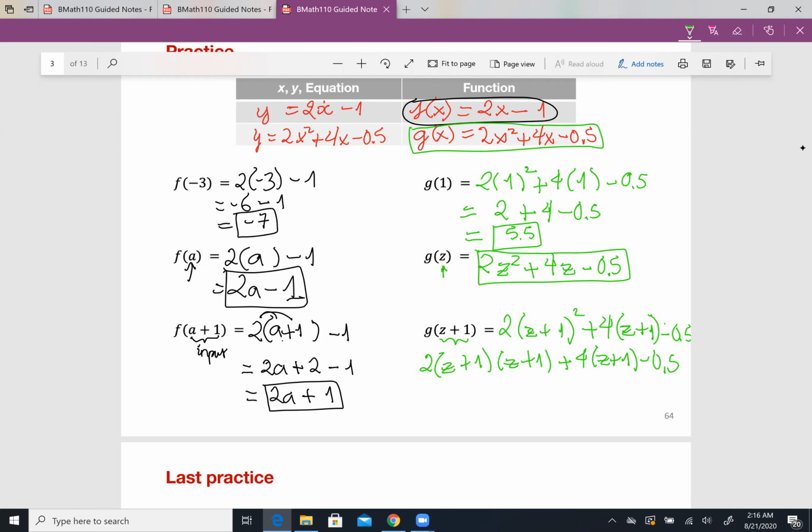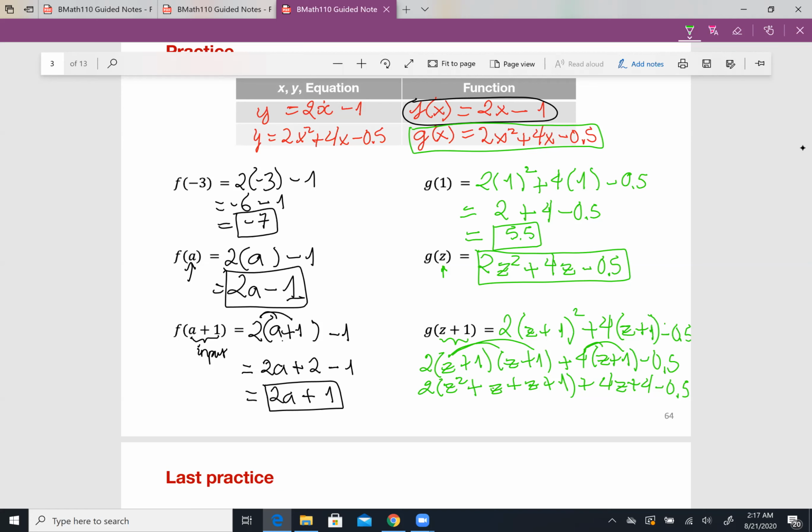And then after you do this, you can do distribution, right? You're gonna have 2 times (Z squared plus Z plus Z plus 1), and then plus 4. You can do distribution with this one also: 4Z plus 4 and minus 0.5.